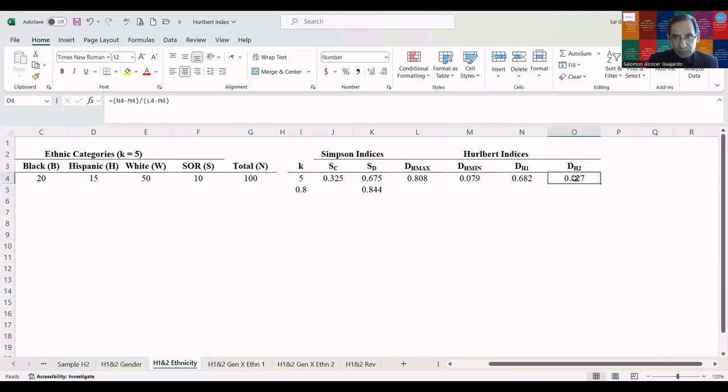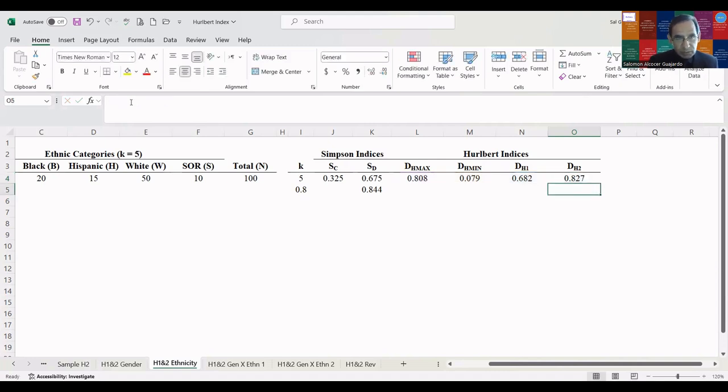So to calculate the relative diversity score, again, it's going to be the Hurlbert score of 0.682 minus 0.079 divided by the maximum score of 0.808 minus the minimum score of 0.079.